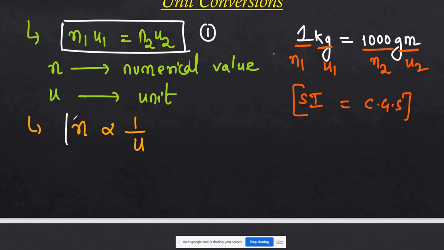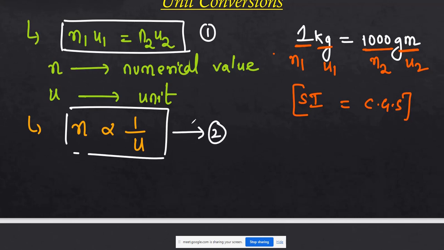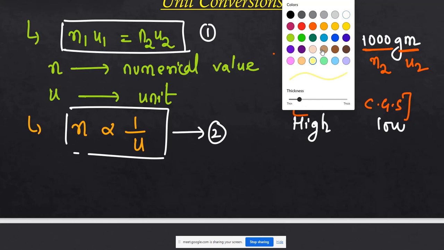Now, second point, number value is inversely proportional to unit system. What does it mean? You take this SI system here, Sahiti. Can you tell me which system is bigger, SI system or CGS system? SI system is big. SI system is of high priority, CGS system is of low priority, right? Now, observe the same example.